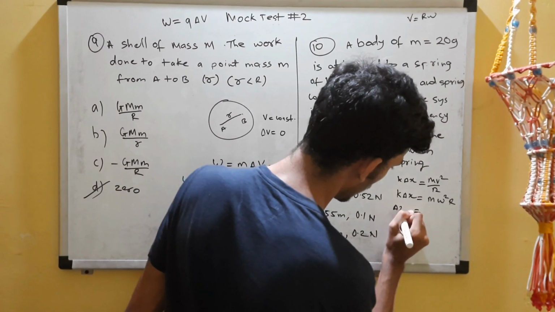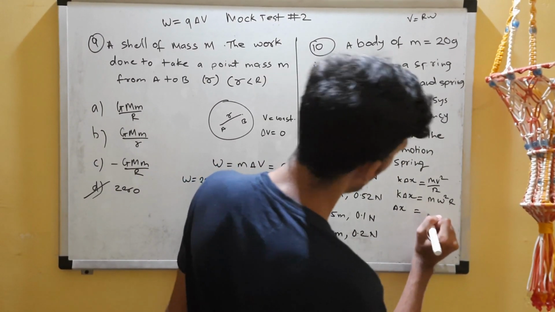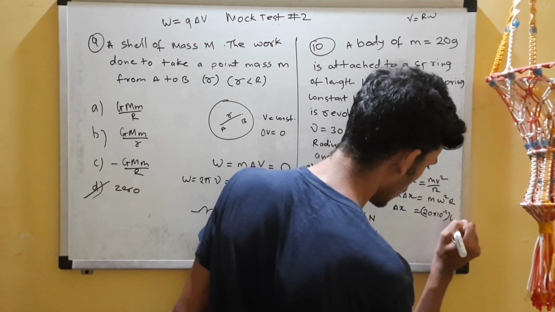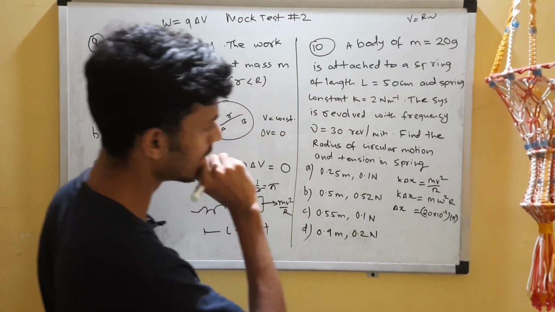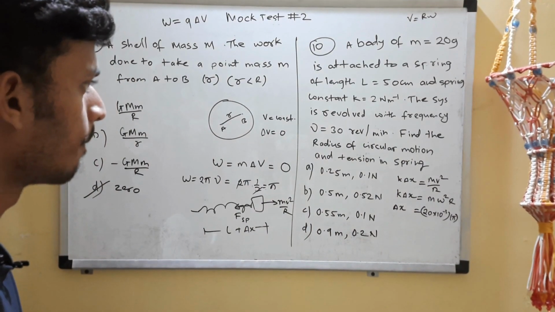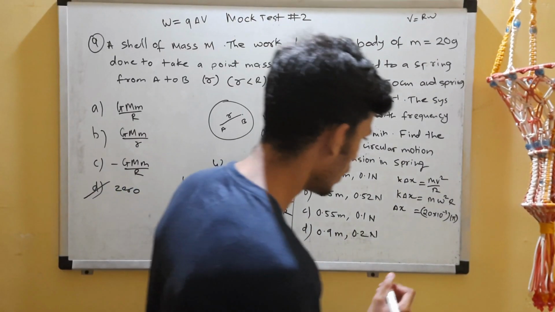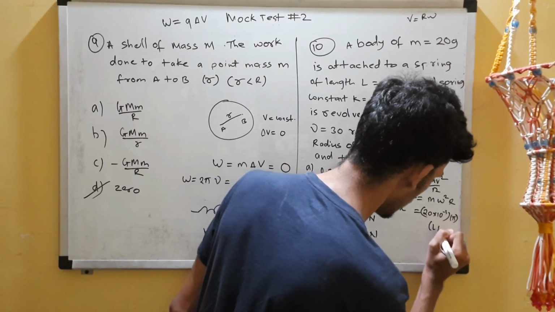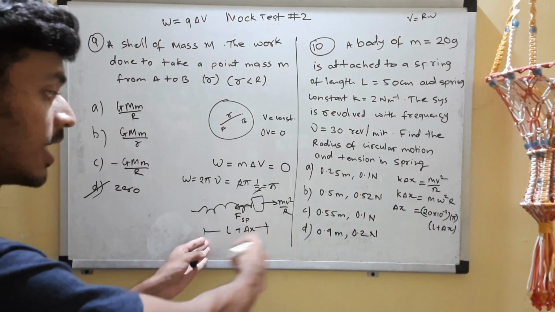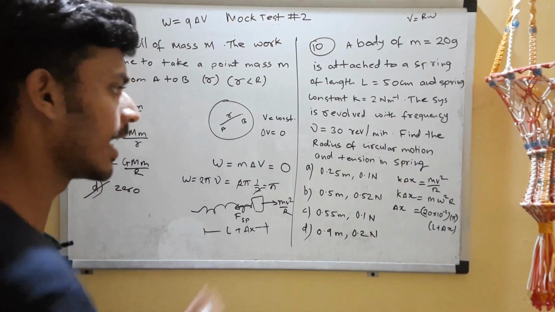So delta x will be m, the mass of the body is 20 grams, so 20 into 10 to the power minus 3, into pi squared, into r. R is the radius of the circular motion. So it is L plus delta x, the natural length plus that extension.